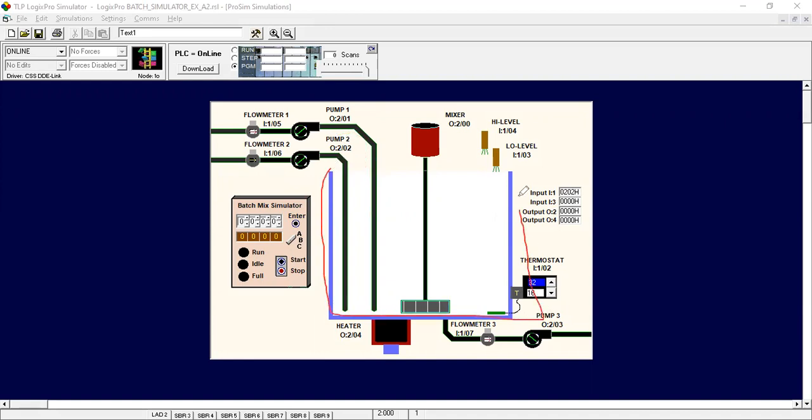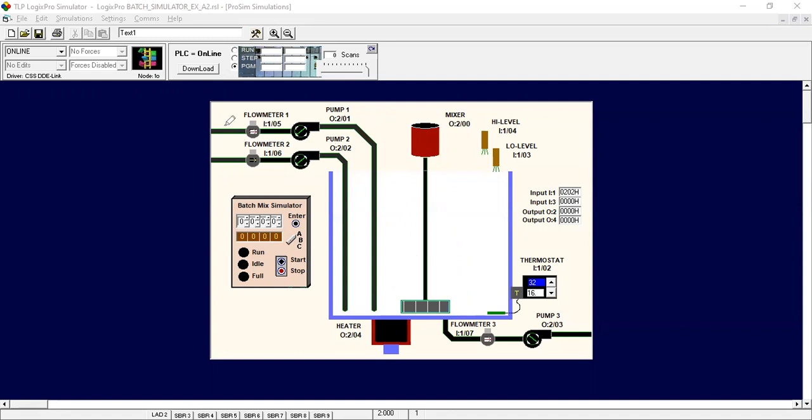This is our tank, and these are our flow meters. These are our pumps, input pumps, which provide the liquid to our tank. And after that, we have one mixer. The mixer works on mixing the two different types of liquid.